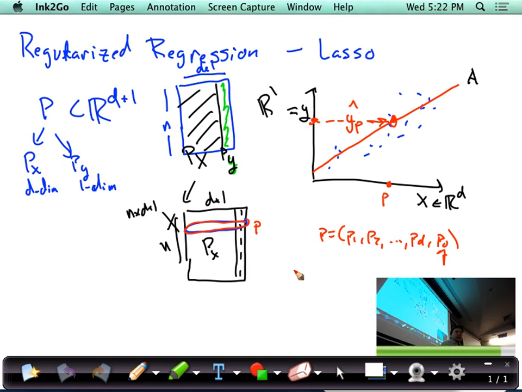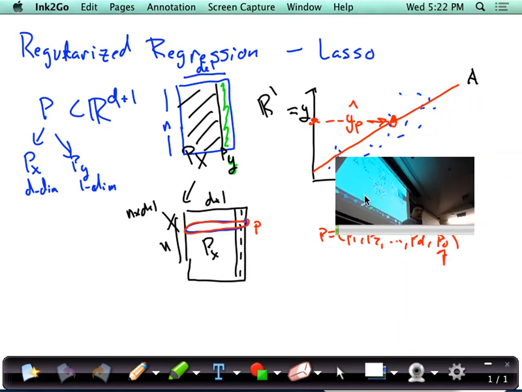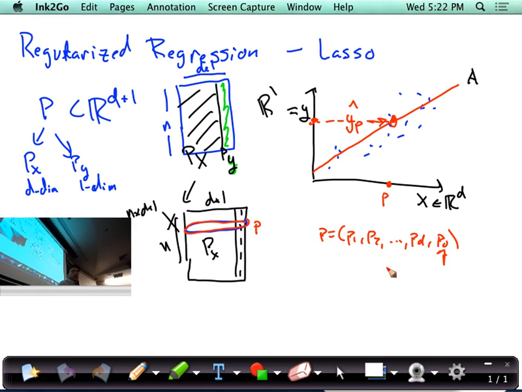This will be y_P hat, and that's just this y value here. And so we're going to say that y_P hat, we want to write this as A. So this is going to be the sum over i equals 0 to d of p_i times a_i.